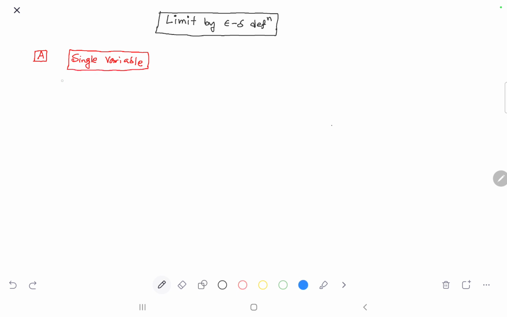So let y equal to f(x) be a given function.